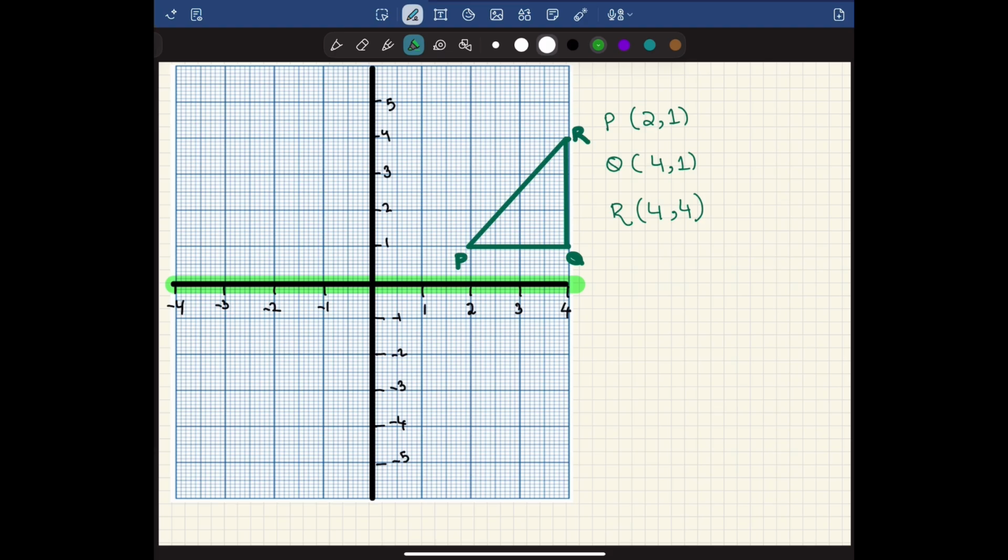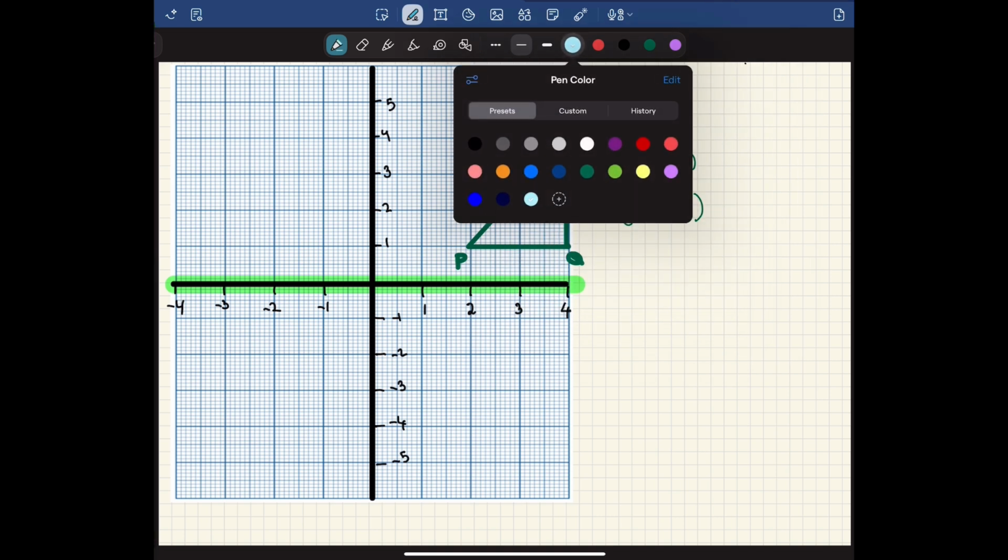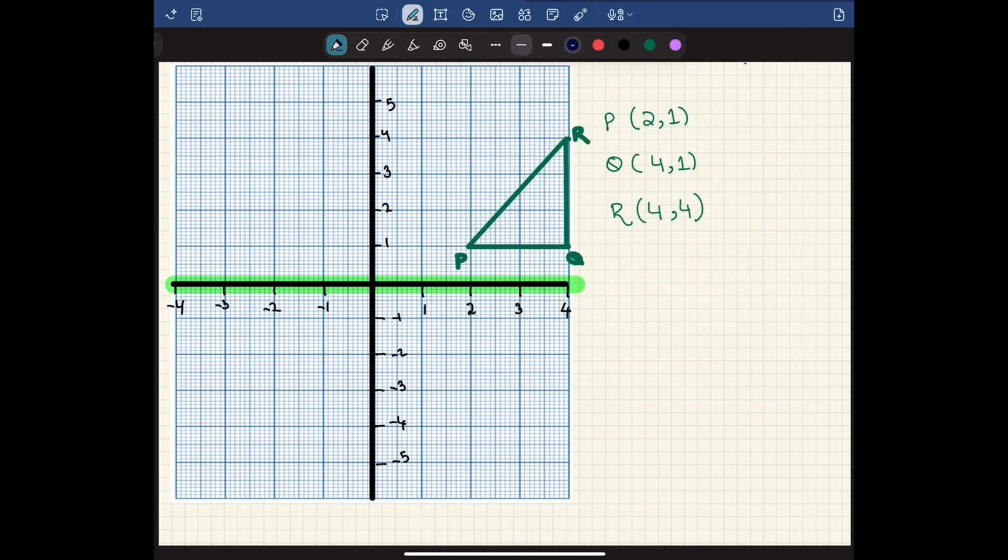So reflection in the x-axis. Since the x-axis is a horizontal line, we will measure the distance vertically.